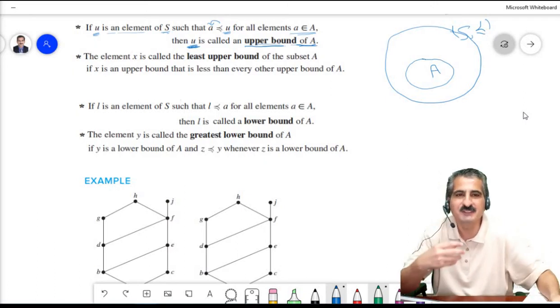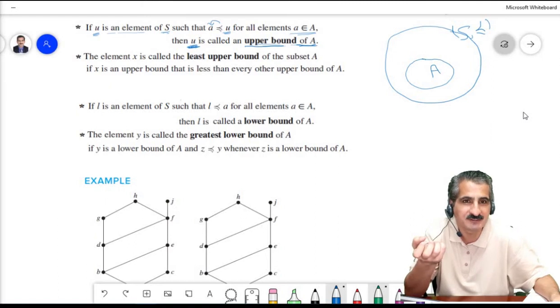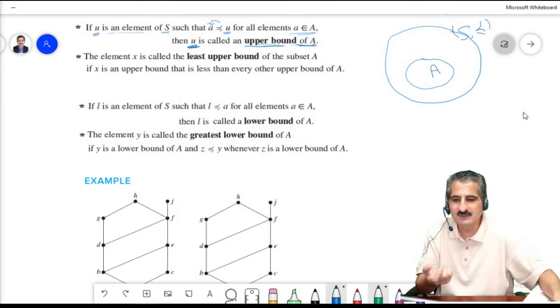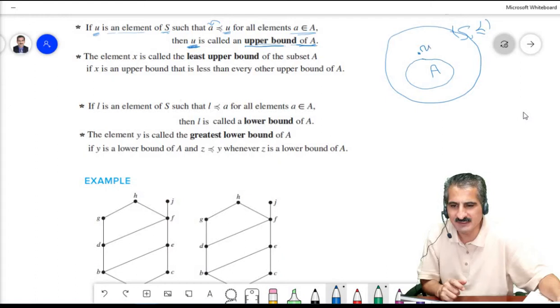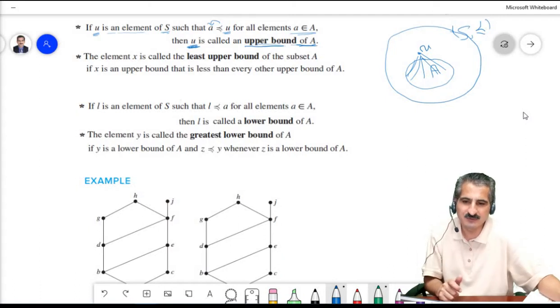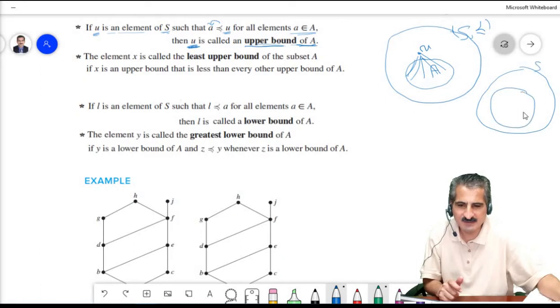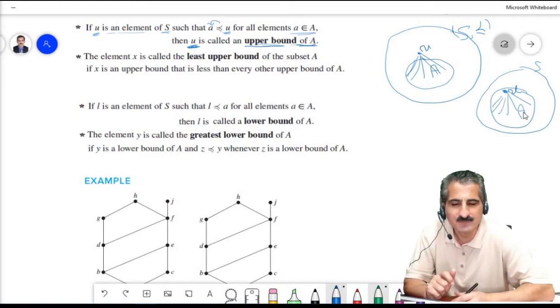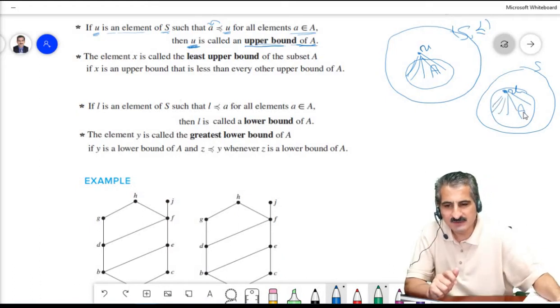It might be inside A and it might not be inside A. So maybe I will say, okay, it is here and it is greater than any other element here. It might be inside A. So if I want to do another digraph, I will say this is S and this is capital A and this is U here, and it is bigger than any other element in A. So this is a good demonstration that might help you to visualize the definition.